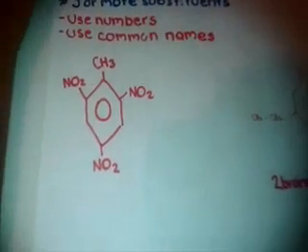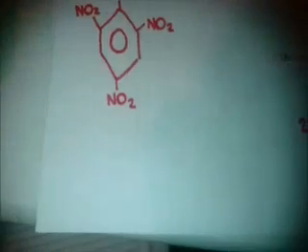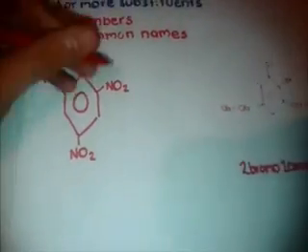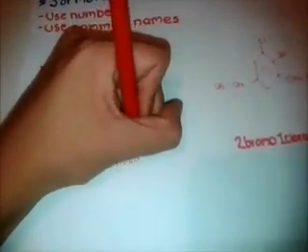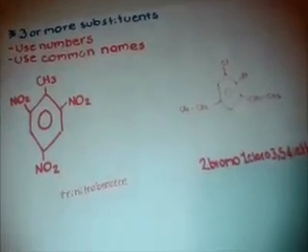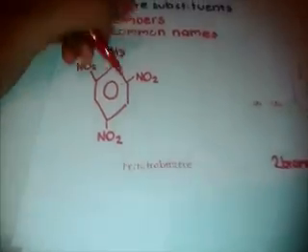In this example, we already have the structural formula. We have to give the name to the compound. Because it has 3 nitro groups, it will be trinitrobenzene. But we also have a methyl in position 2, starting from this one: 1, 2, and 3.